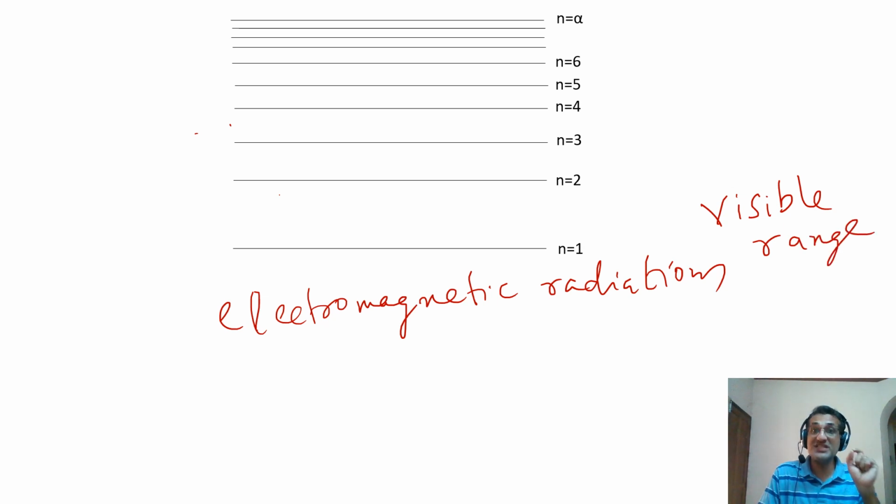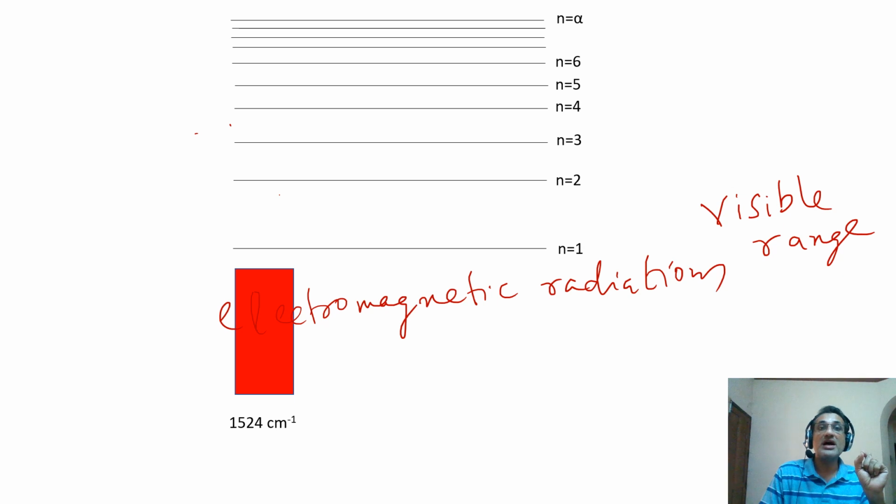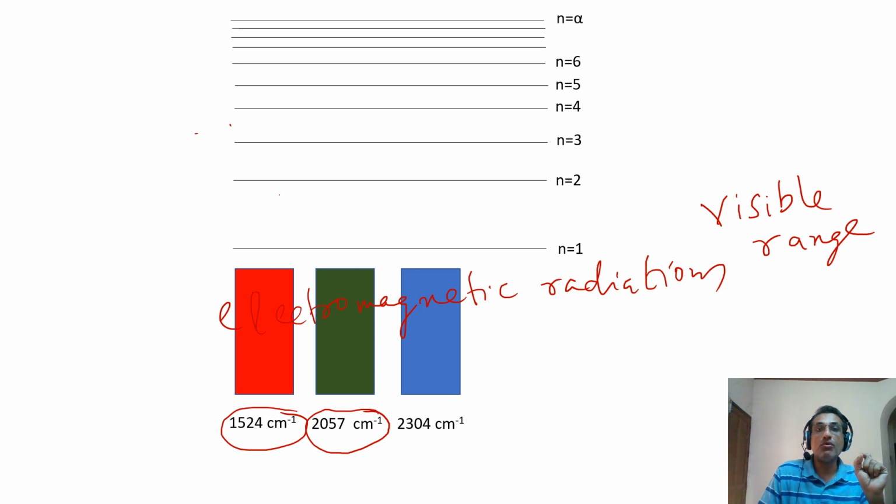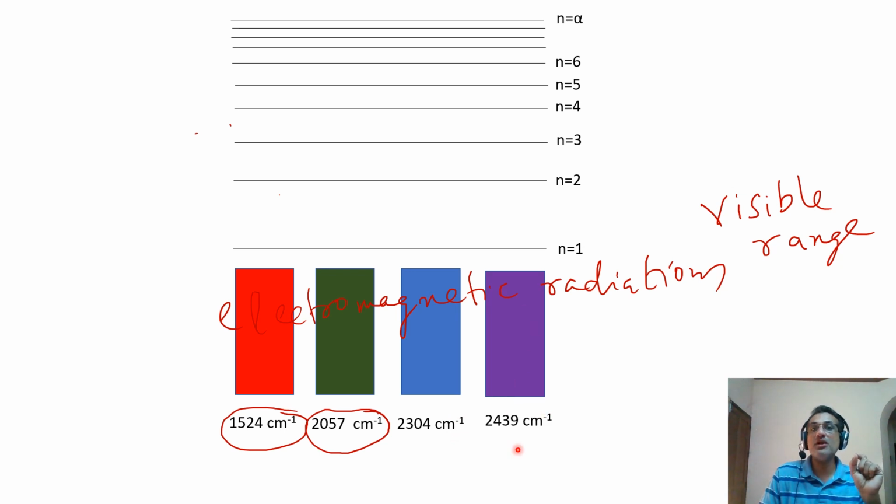So we should know which are the electromagnetic radiations emitted in the visible range from an excited hydrogen atom. They are red with wave number 1524 centimeter inverse, green with wave number of 2057 centimeter inverse, blue with a wave number of 2304 centimeter inverse, and violet with a wave number of 2439 centimeter inverse.